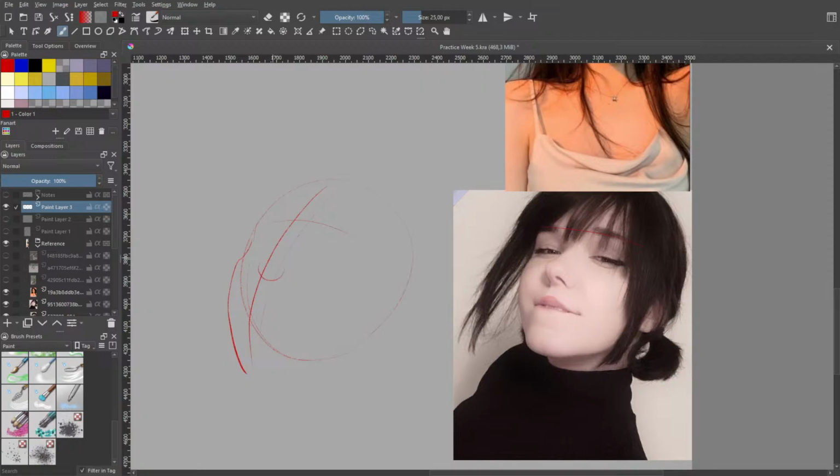Actually, this would be more like here. Since it's the nose, maybe I should try and roughly make this into thirds. Maybe that could help too.